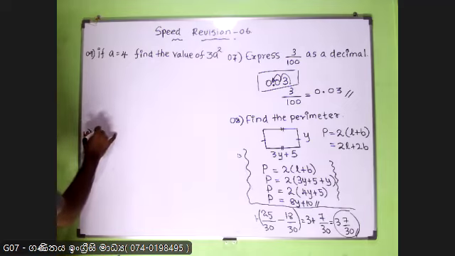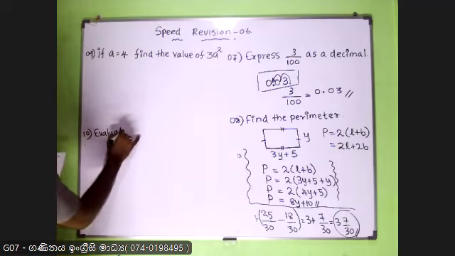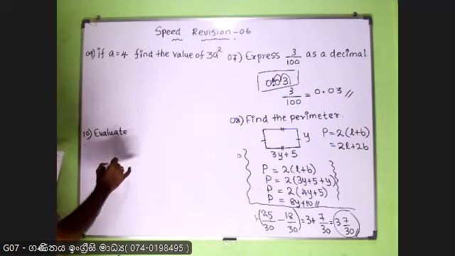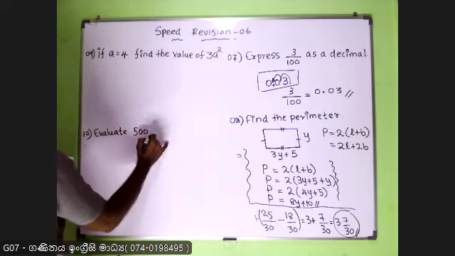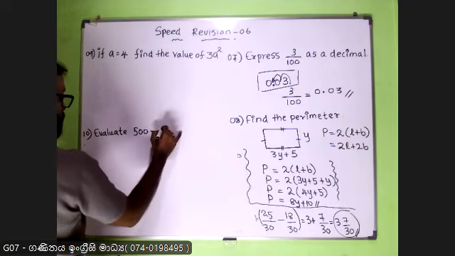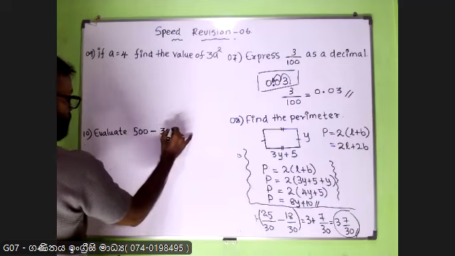Then the 10th: evaluate 500 minus 30 times 10.